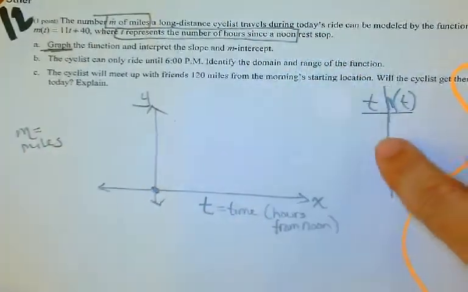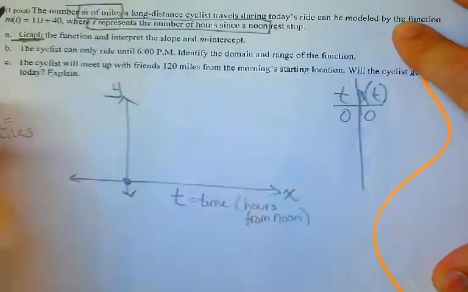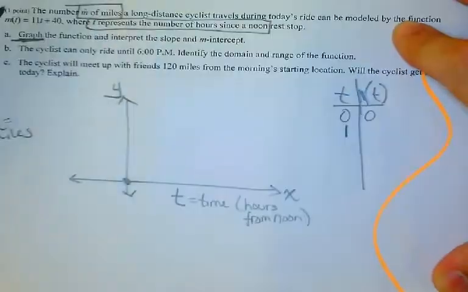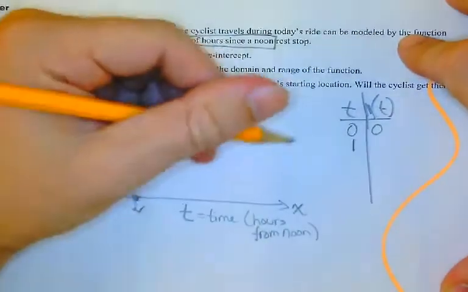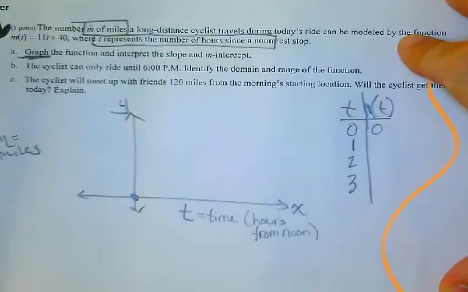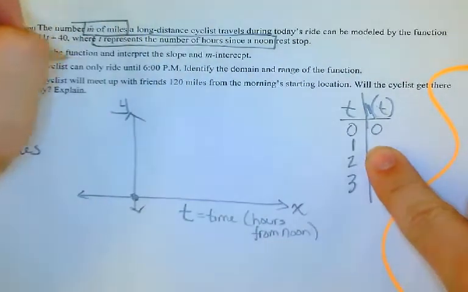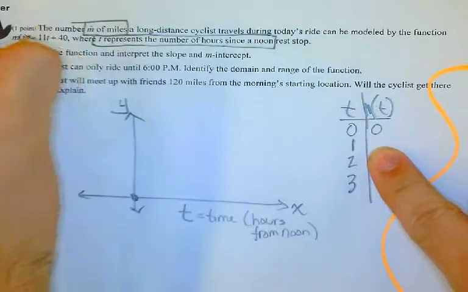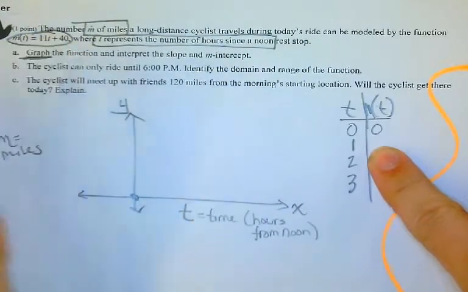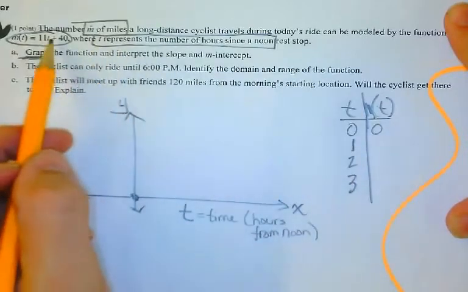All right, so we have T and we have M of T. At time of 0, we have 0. But if we put in a 1 for time, like 1 hour, this is 1 p.m., 2 p.m., 3 p.m. If we put in 1 hour, then we just need to take our equation and put a 1 inside of your equation.